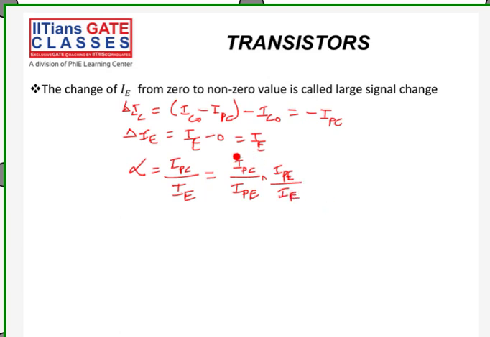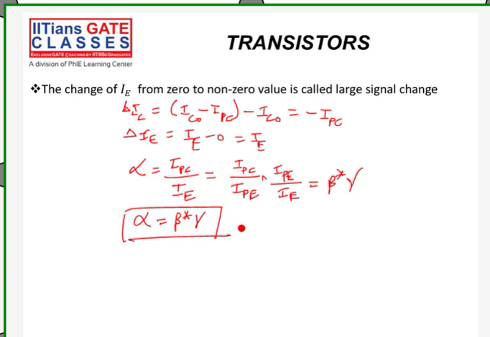So this value is called beta star and this value is called gamma. So alpha equals beta star into gamma. Remember, this is the only thing here. Alpha equals beta star into gamma.